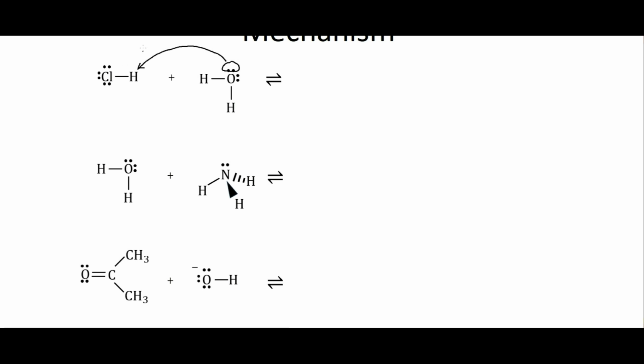Those electrons can take that hydrogen, and the electrons from this bond will move onto this chlorine here. So our product will be a chloride ion.